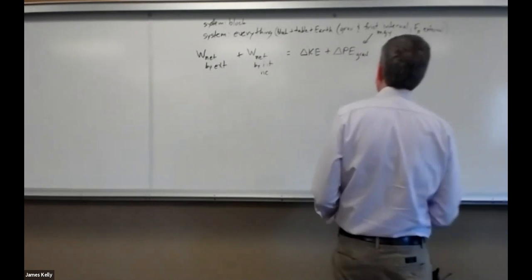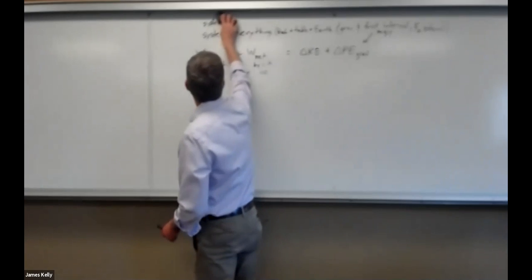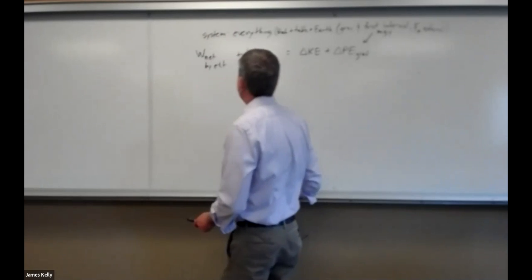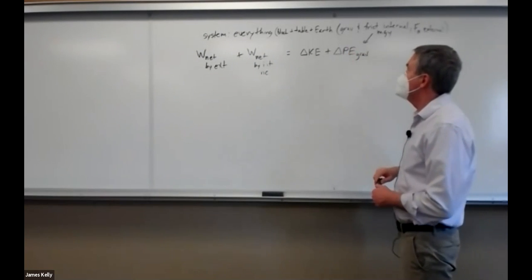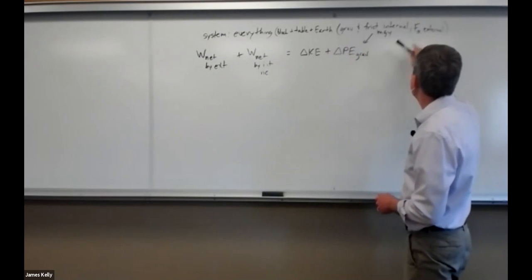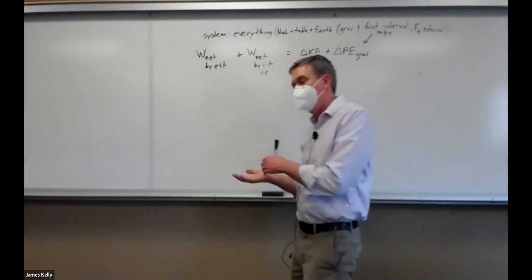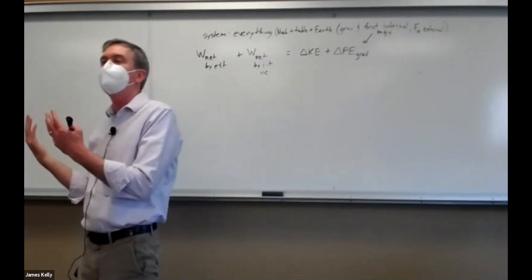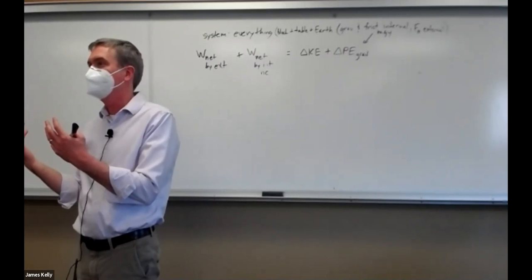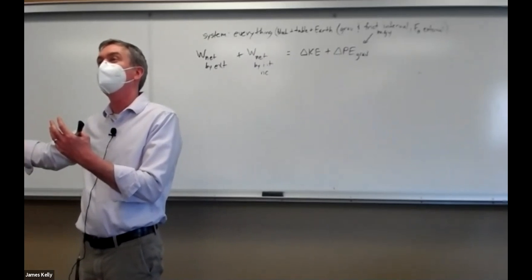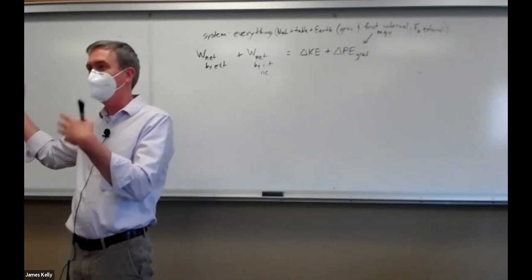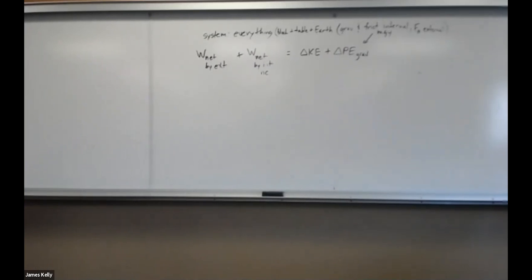Okay, so here we have this. Let's take the same system. We'll take that complicated system I did first, just to do it a different way. We're throwing everything that matters into the system, except I'm imagining that the normal force is external. If you ever have a force that doesn't do any work, you could say it's a conservative force because it does the same amount of work no matter how you get from initial to final. It's always 0, but the change in potential energy in that case would always be 0 too.